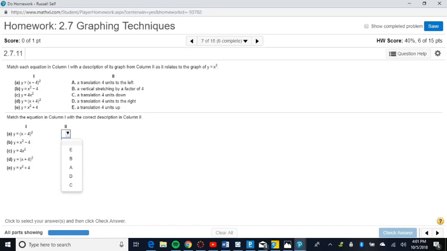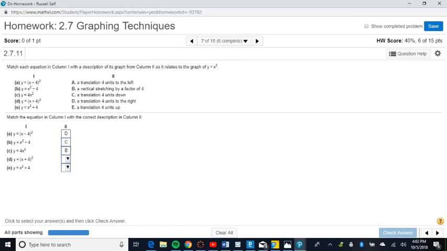So 4 units to the right is D. So there we go. Here's x squared minus 4, so we're subtracting 4, so that means it's going to go down 4 units. So that's a translation, 4 units down. So that's C, our choice there. 4x squared means a factor of 4. It's a vertical stretching by a factor of 4, which is B in this case.